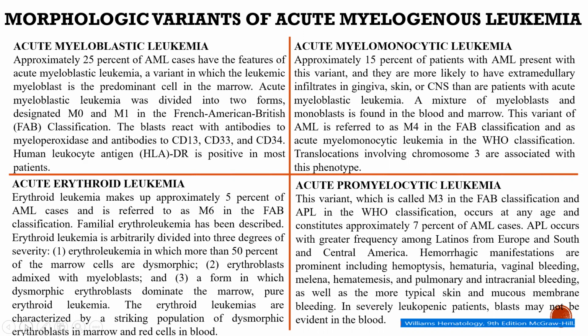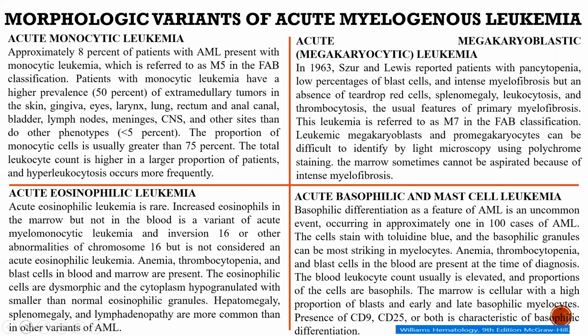Hemorrhagic manifestations are prominent, including hemoptysis, hematuria, vaginal bleeding, melena, hematemesis, and pulmonary and intracranial bleeding, as well as the more typical skin and mucous membrane bleeding. In severely leukopenic patients, blasts may not be evident in the blood.